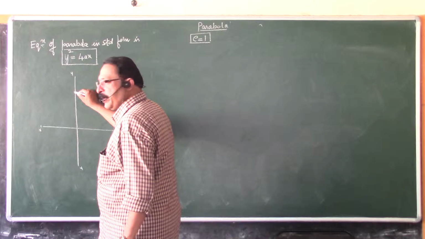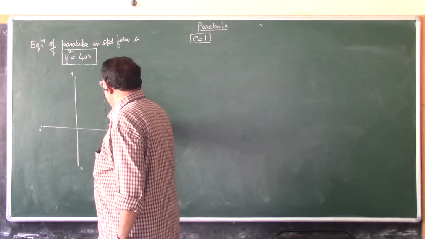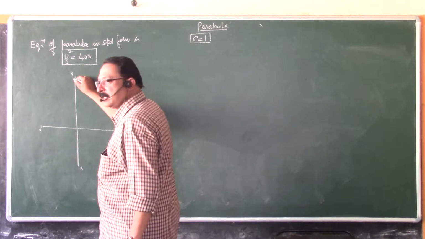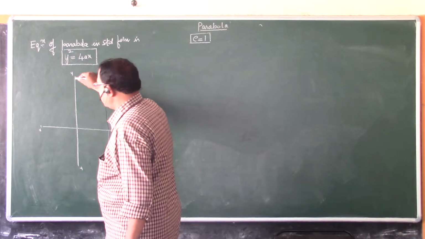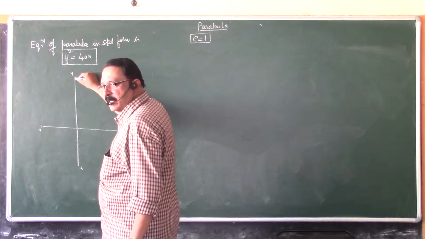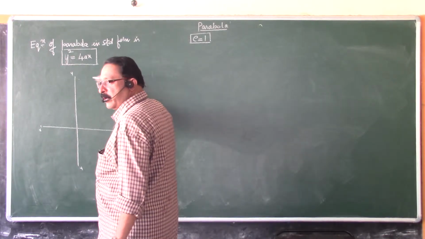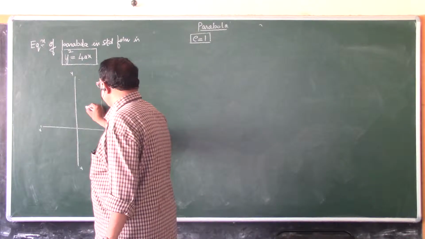SP and PM should have the same length for a parabola. So the point P is here, now it could be here. SP and PM length is the same. If this is 15 centimeters, then this will also be 15 centimeters. What is PM? It is a perpendicular drawn from the moving point to the fixed line, that is, to the directrix, and it can be here.